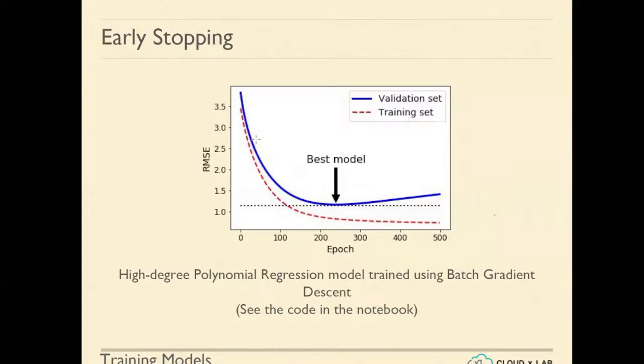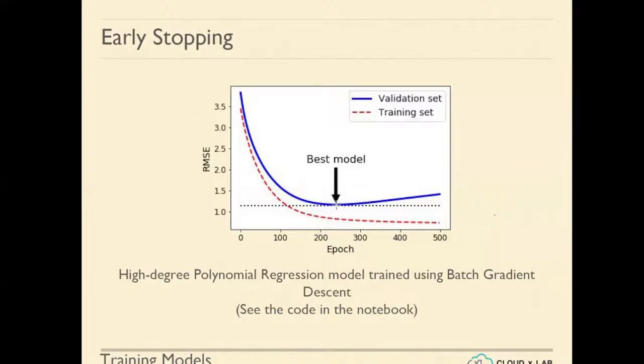Now you already have the RMS error for validation data for each epoch, right? You will select the model for which you have the lowest validation error, right? So this is the epoch where we have the lowest validation error.